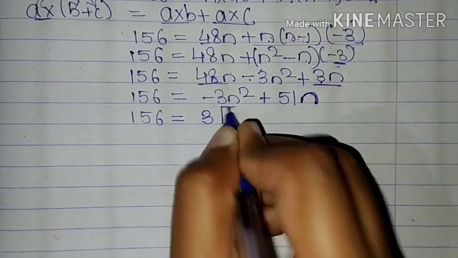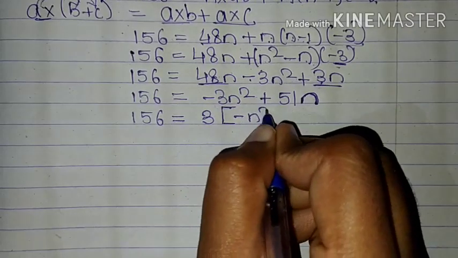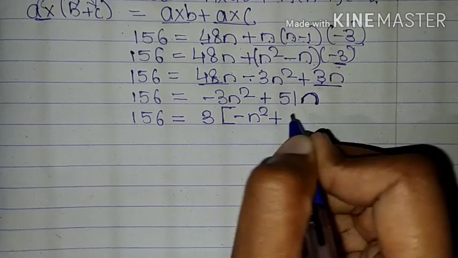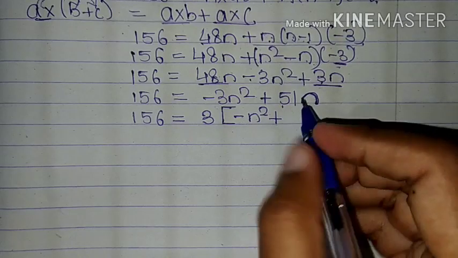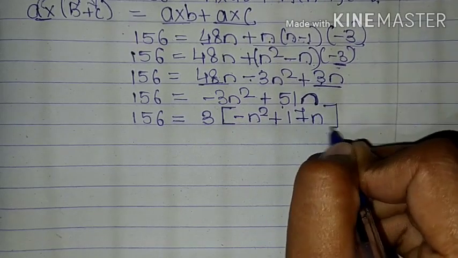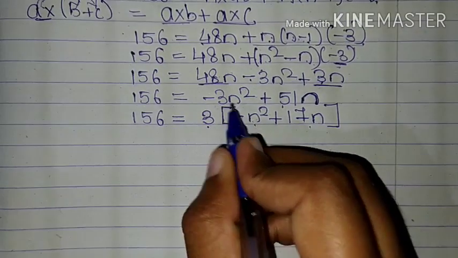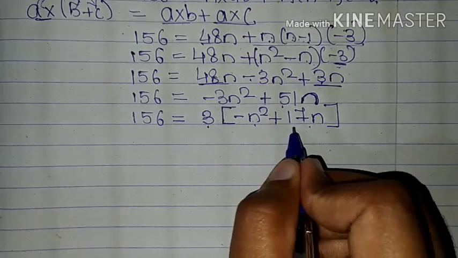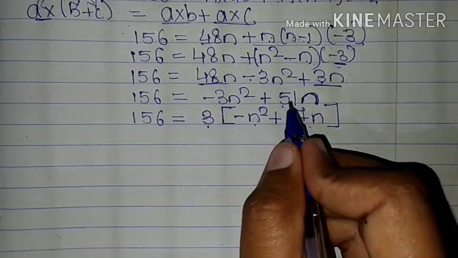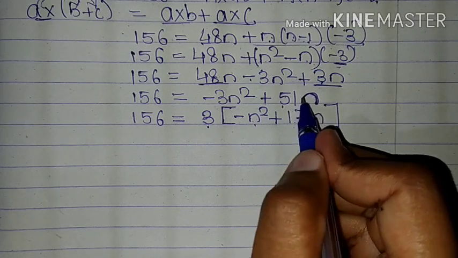What will be left inside the brackets? Minus n square plus, how much will be remaining if you remove 3? It will be 17n, because if I multiply 3 once again, 3 into minus n square is minus 3n square, and 3 into 17n, 3 17s are 51, so plus 51n. We'll get the same expression back.